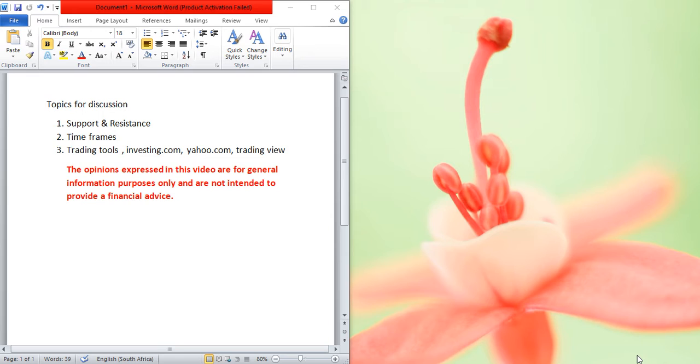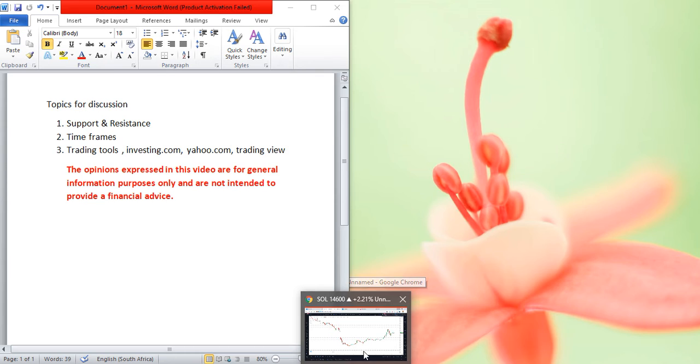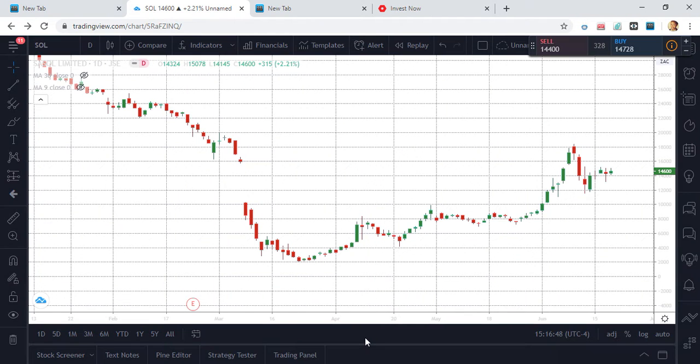Okay, the last video that we had, we were basically talking about Easy Equities in terms of registration, how to go about maneuvering, browsing the stocks, and moving around in their app.